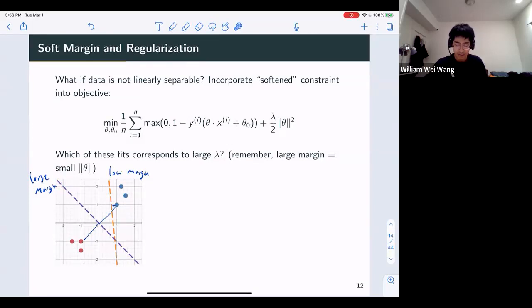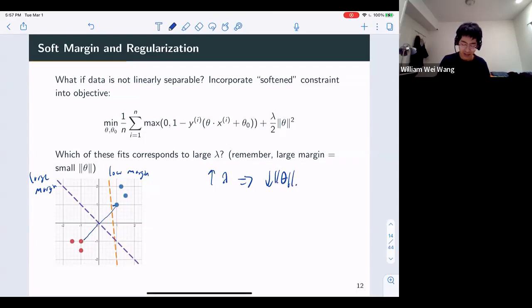And how do you get a smaller theta? Well, in this optimization objective, if you set lambda to be really large, like lambda going to infinity, then the norm of theta has to go to 0 in order for this to be finite. So you can think of it as large lambda means small theta, or small norm of theta.